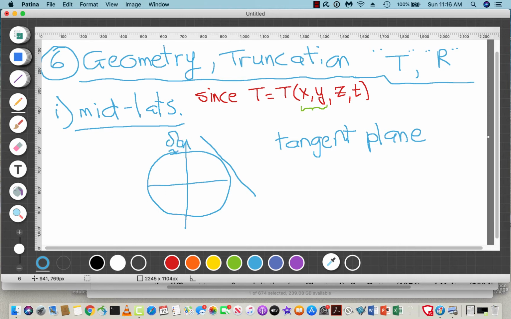Here's the equator. I didn't quite get the tangent plane tangent properly, but close. And so the tangent plane is a flat plane tangent to the planet, somewhere in the mid-latitudes. You can't quite do this at the pole. I'll show you why in a minute. And you can't do it at the equator. I'll show you why in a minute.